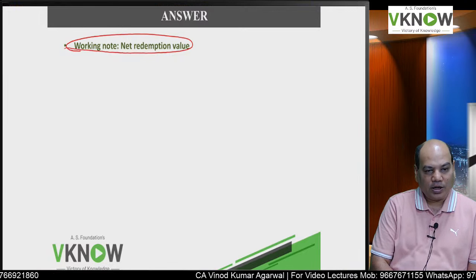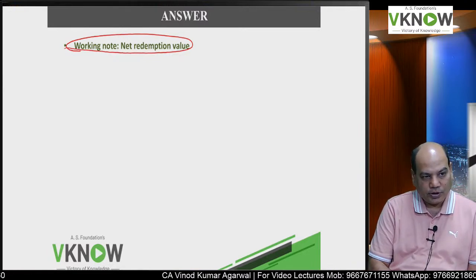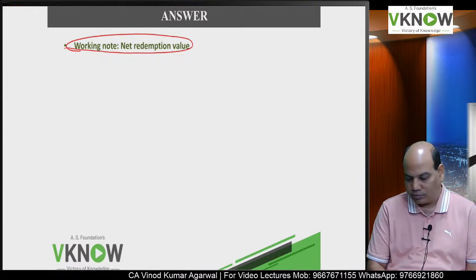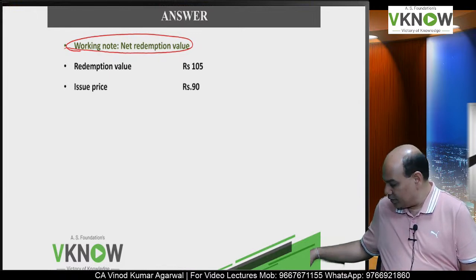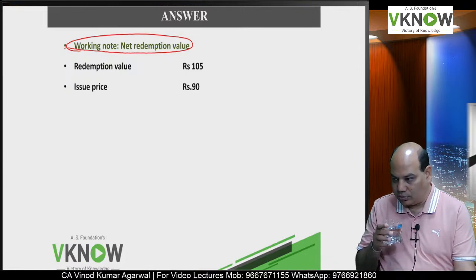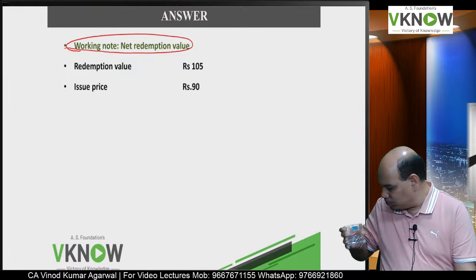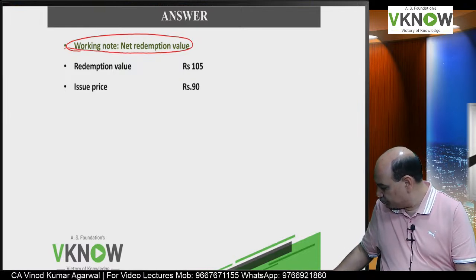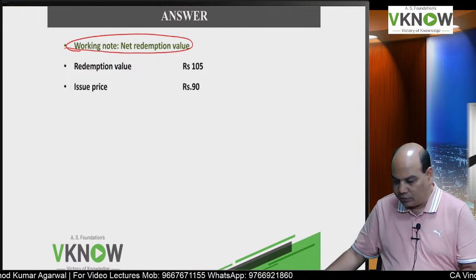Otherwise, if I write it directly, you will not understand. So students are requested to first prepare a small working note, net redemption value. On the right hand side, in rupees, write down point A, redemption value is 105.